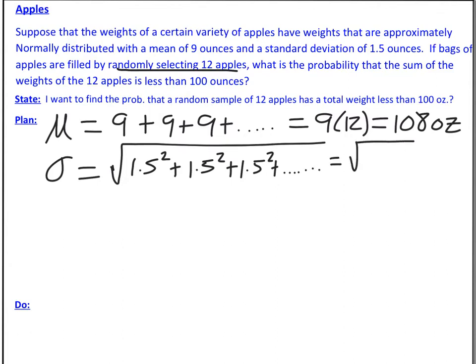The shortest way to say it is you would have 12 times 1.5 squared. You would add up that variance 12 times. Because this is like taking the same random variable and adding to itself 12 times. So it has to be treated this way.